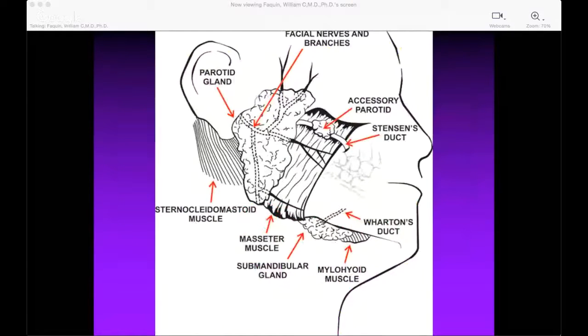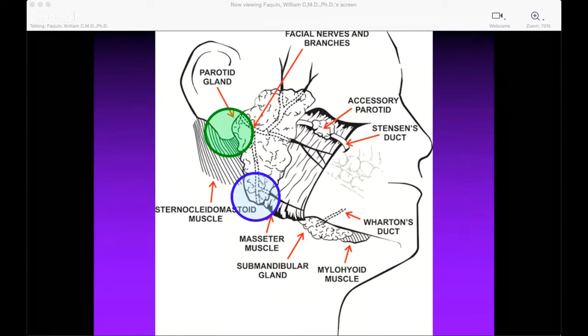I'd also like to mention something about the location of the tumors. You can see the parotid gland here, and you can see the branches of the facial nerve running between the superficial and deep lobes. One thing to keep in mind is that oftentimes tumors of the superficial parotid gland will occur in the preauricular area.